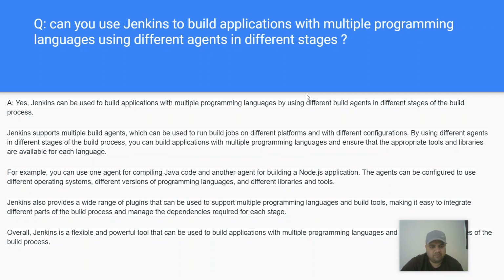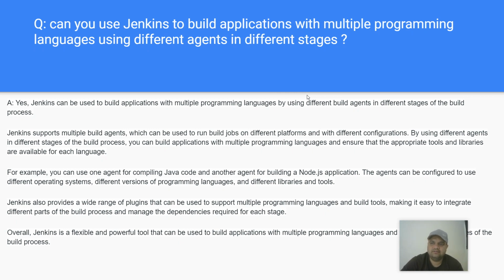Jenkins also provides a wide range of plugins that can be used to support multiple programming languages and build tools, making it easy to integrate different parts of the build process and manage the dependencies required for each stage. Overall, Jenkins is a flexible and powerful tool that can be used to build applications with multiple programming languages.